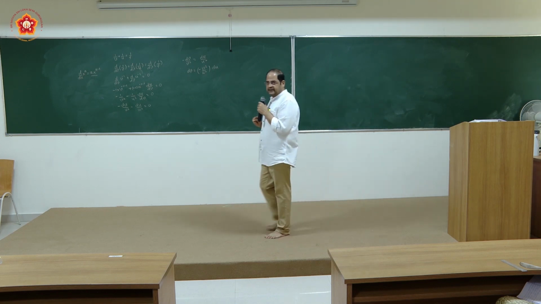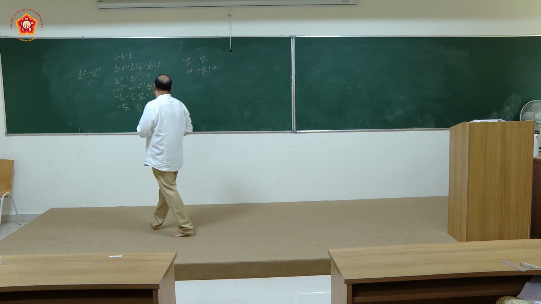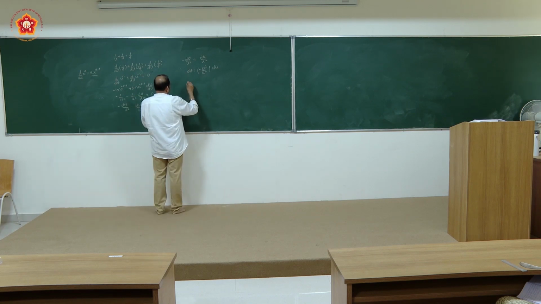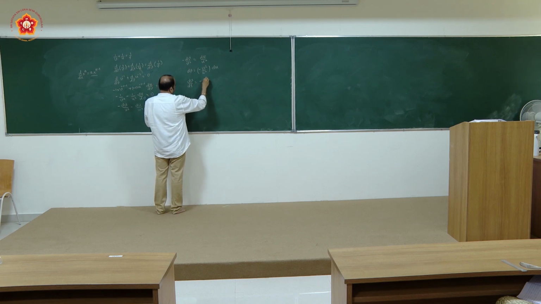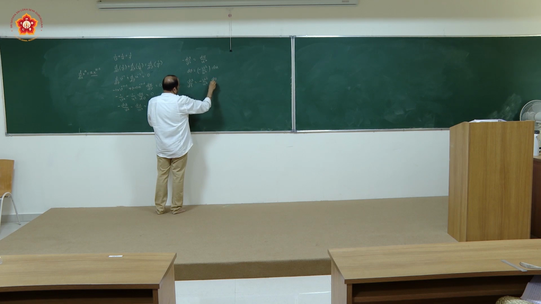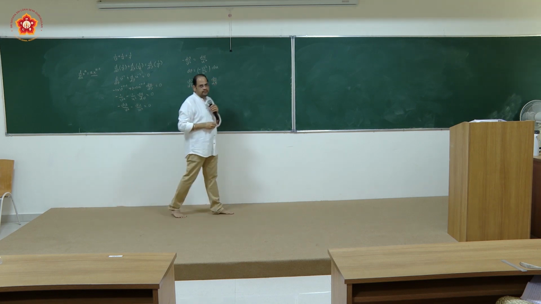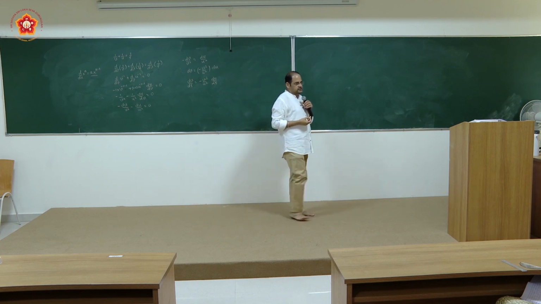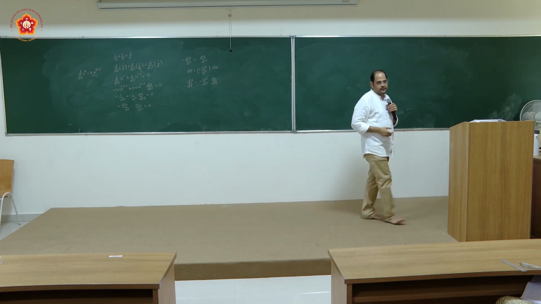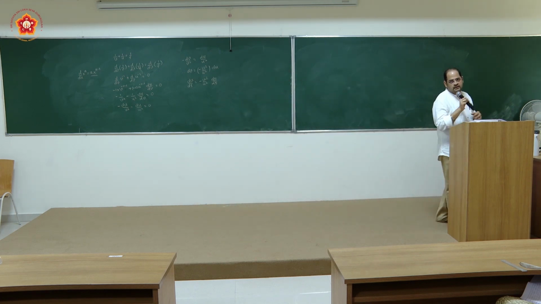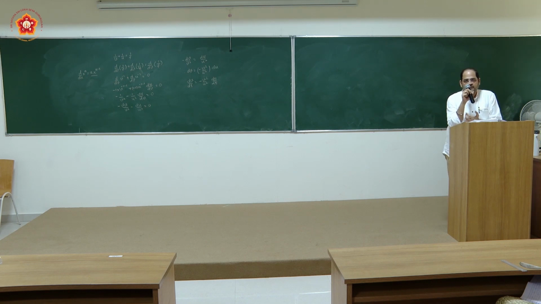Now if I further differentiate it with respect to time, I will be able to write down this relation as dv by dt is equal to minus of v square upon u square into du by dt. What is du by dt? Whose speed is that? Object, right?